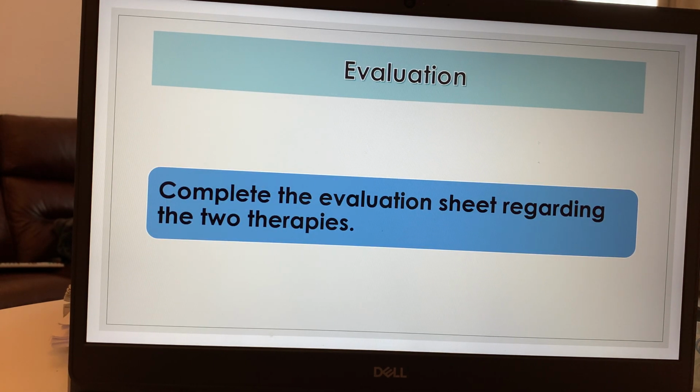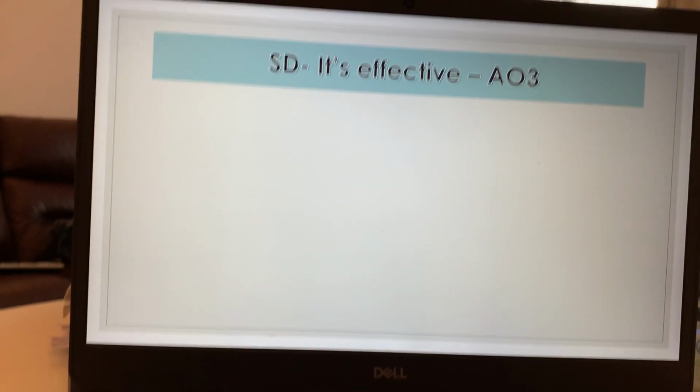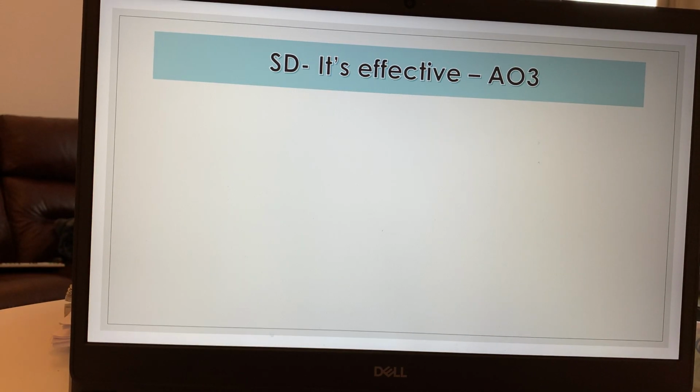So what I've attached is an evaluation sheet looking at the two therapies that you can fill in, or you can use the textbook, or you can use notes from this, entirely up to you. So let's have a look at some of the effectiveness for, there's quite a lot of AO3 because we need to look at two. So a kind of question you could be asked is something like, describe and evaluate one or more behavioural treatments for phobias, and you will need to talk about 2.